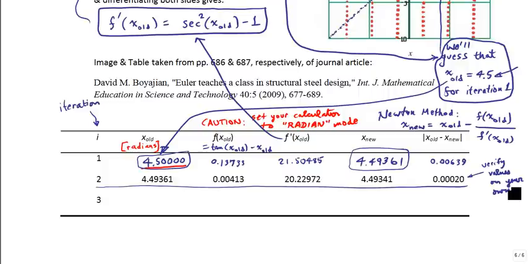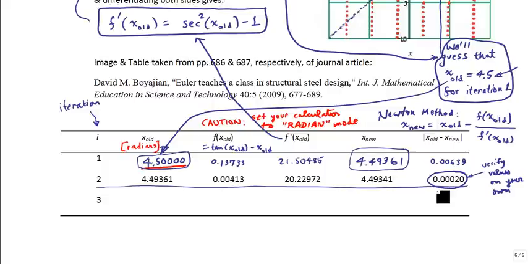Let's look at the last iteration. And by the way, in the second iteration, note how small the difference between the x old and x new values are. It's 0.0002. So it's almost zero for what most engineering work would need. It's, for all intents and purposes, good enough.